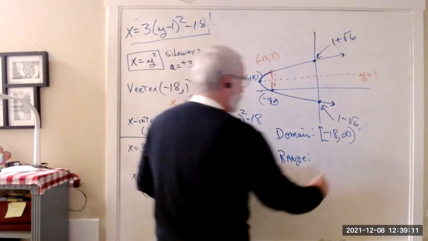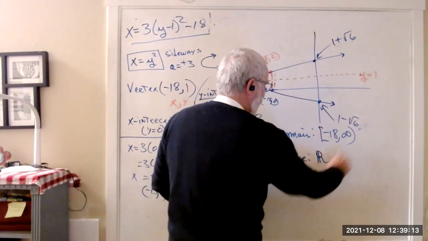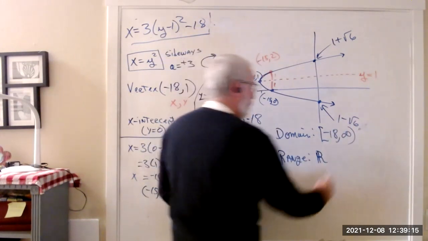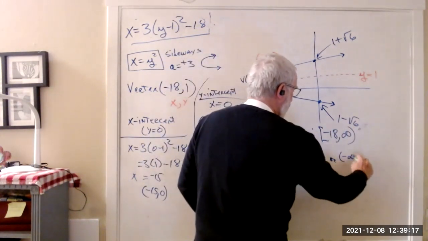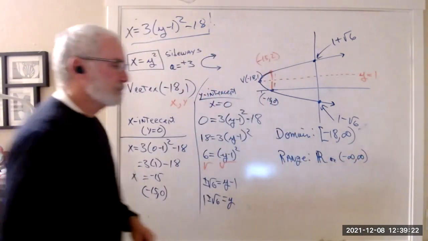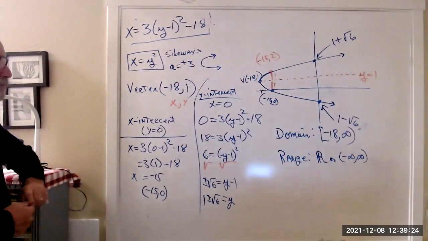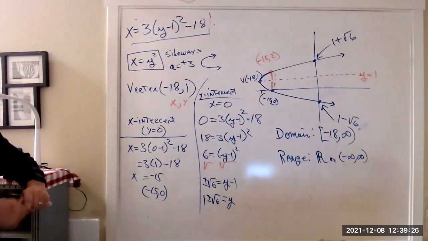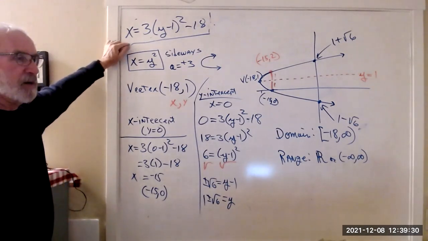In this case, the range is either fancy R, or you could say negative infinity, positive infinity. It doesn't matter. That's it. That's a sideways parabola.